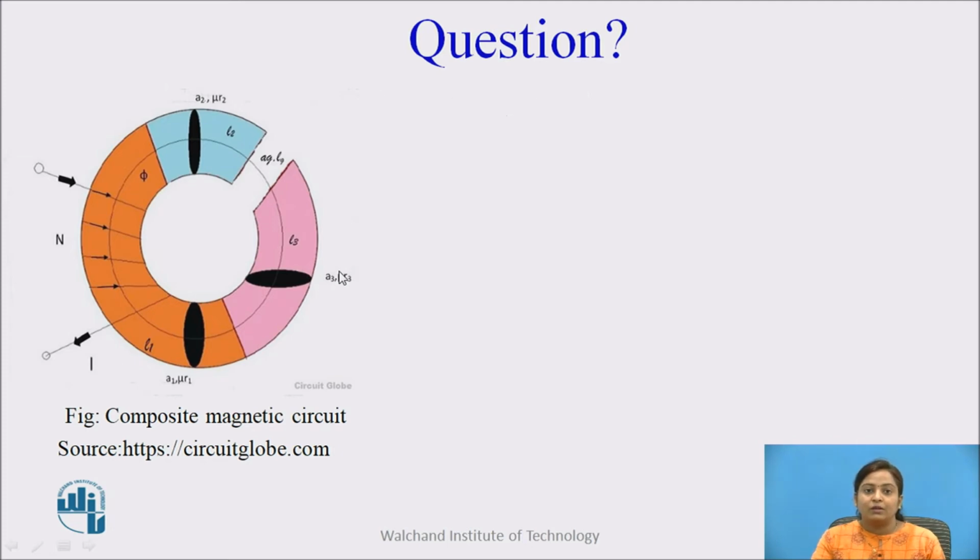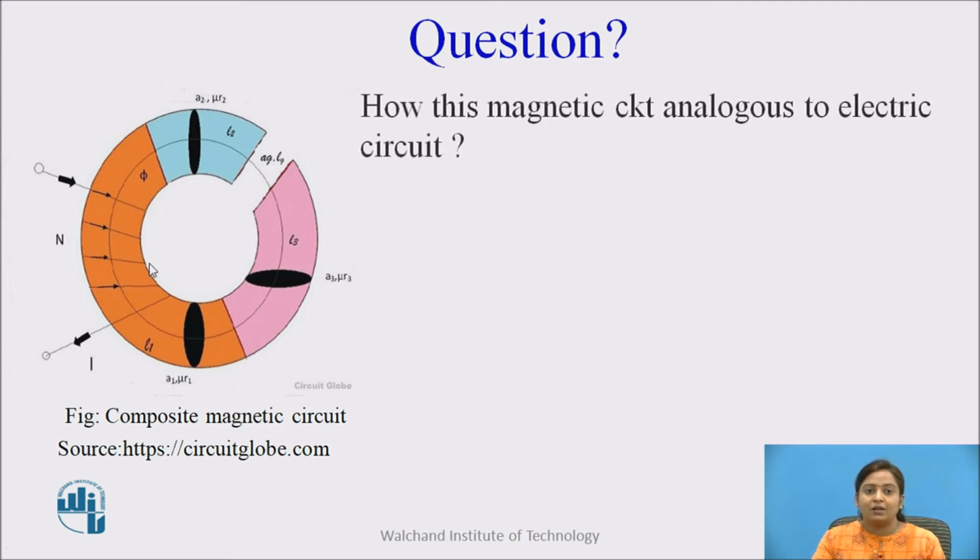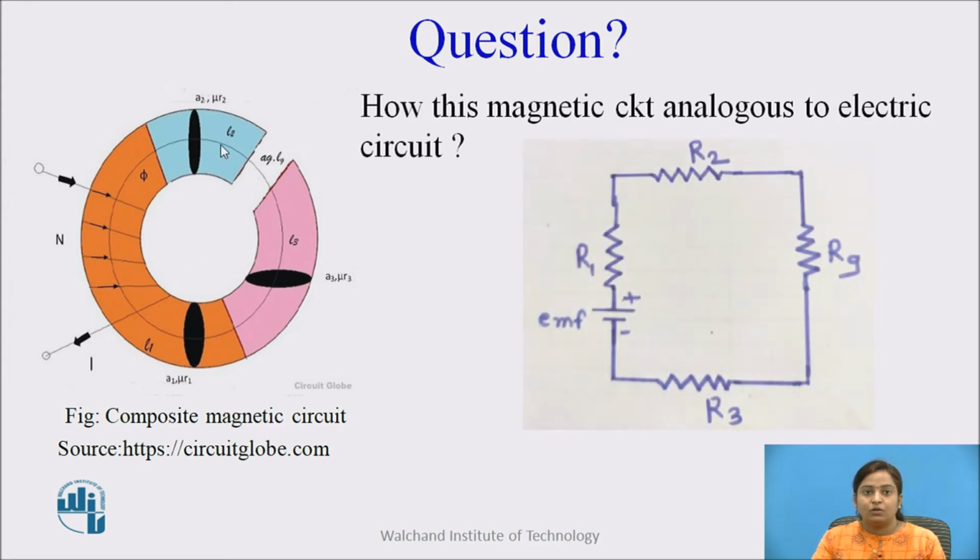Okay, so this magnetic circuit particularly consists of 4 parts, 1, 2, 3 and the air gap is 4. For these 4 parts the opposition is represented by a resistance. The first part's resistance is represented by R1, similarly the second part R2, R3, and for the air gap the resistance can be represented by Rg.